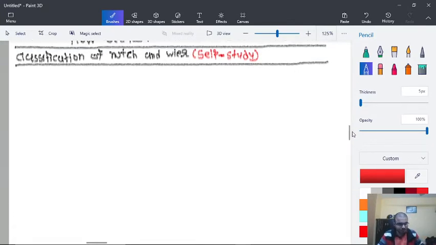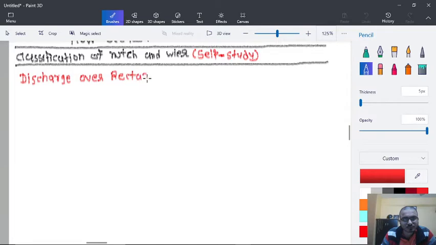Now let's move forward to our next theory: discharge over rectangular notch or weir.